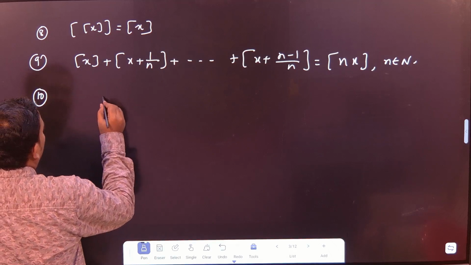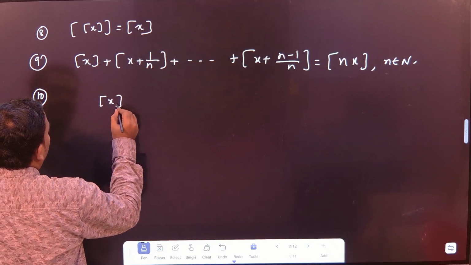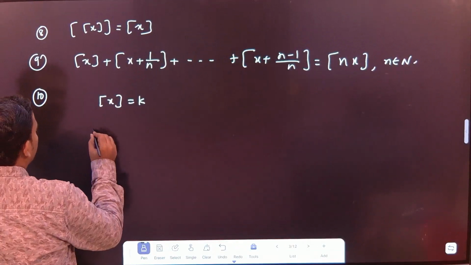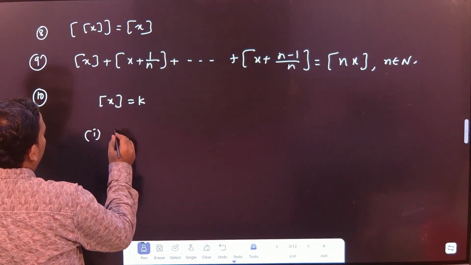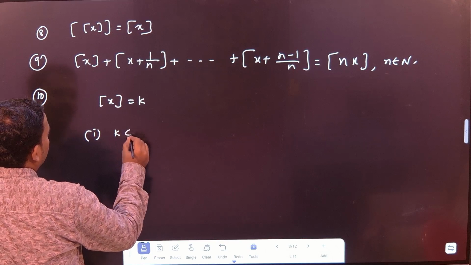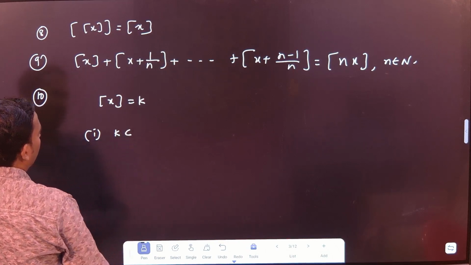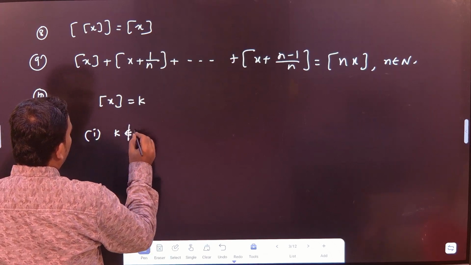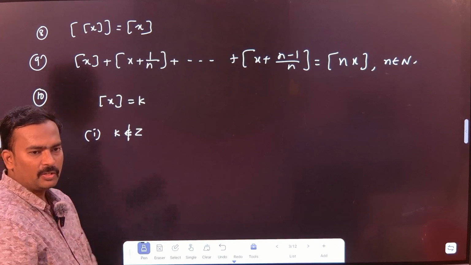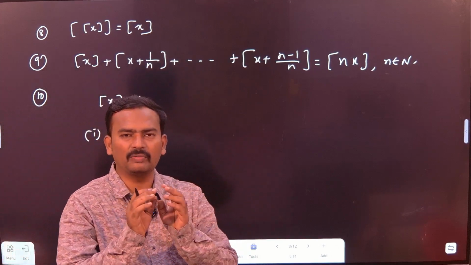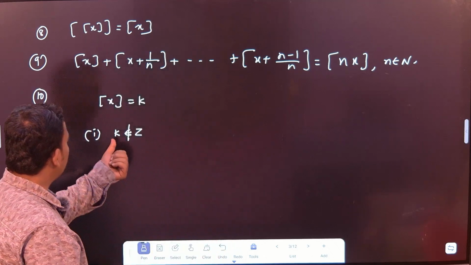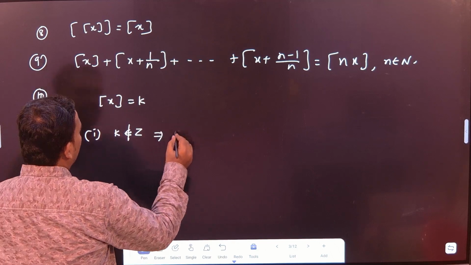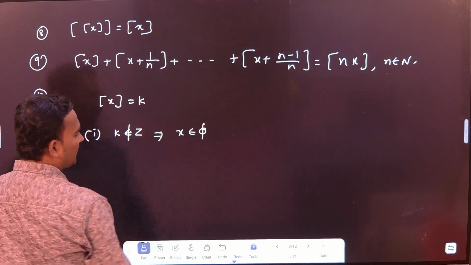Next, suppose the greatest integer function is equal to k. The first observation: suppose k does not belong to integers. You already know that the greatest integer value is always an integer. If it does not belong to integers, is any x value possible? x belongs to the empty set.